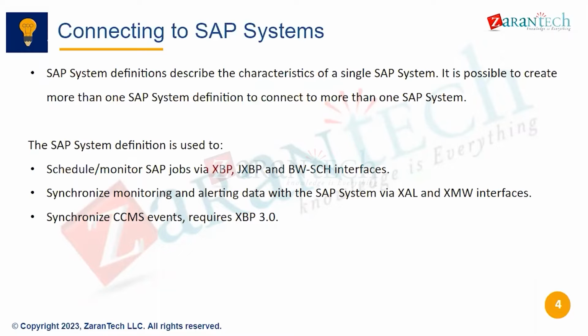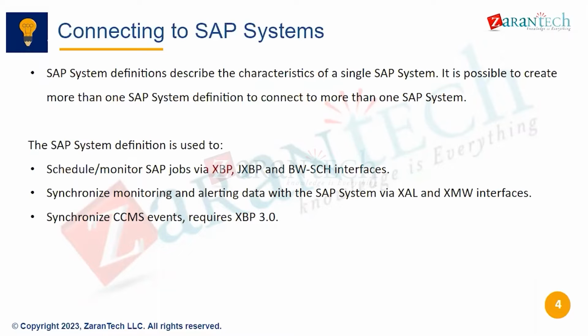There is no such restriction on how many systems you can connect, but it should only be an SAP system, or an SAP landscape system, I mean to say cloud, whichever, SAP Analytics Cloud or SAP Data Warehouse Cloud.